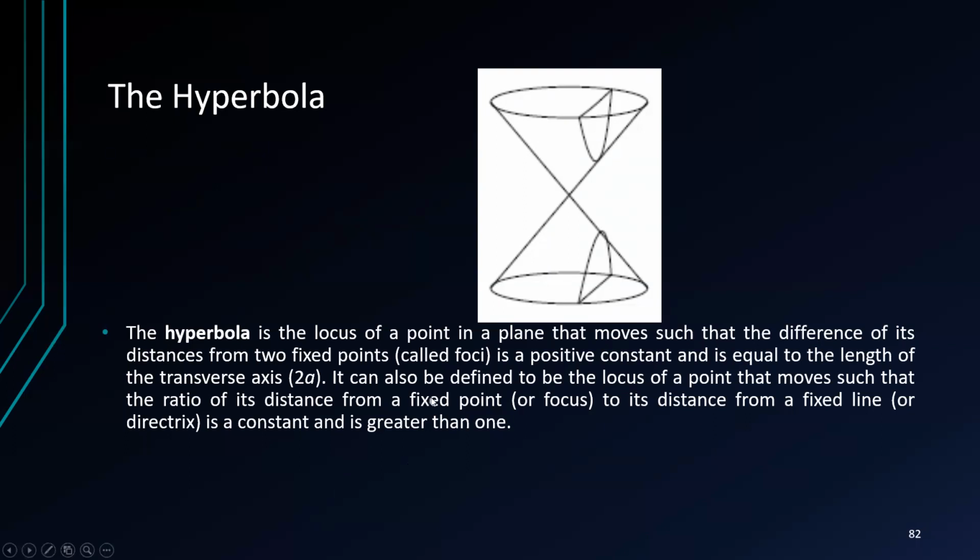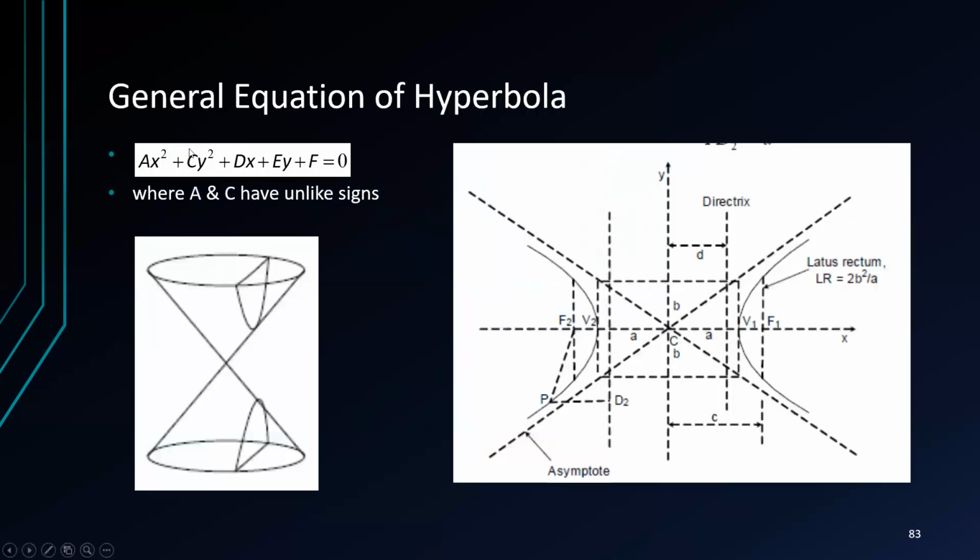It can also be defined as the locus of a point that moves such that the ratio of its distance from a fixed point or focus to its distance from a fixed line or directrix is constant and is greater than 1. That is, the eccentricity is greater than 1. So, the general equation of a hyperbola is Ax squared plus Cy squared plus Dx plus Ey plus F is equal to 0, where A and C have unlike signs.